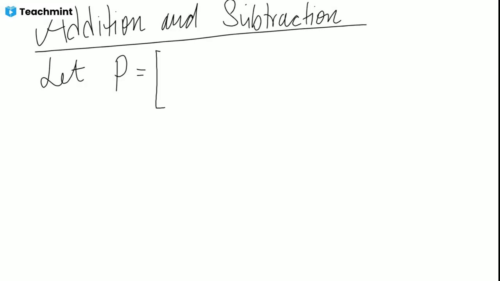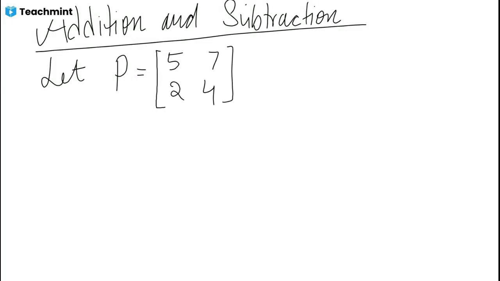To add or subtract matrices, we must have matrices of the same order. Only then we can add them. So let us take matrix P having elements 5, 7, 2, 4, and matrix Q having elements 3, 5, 1, 2.